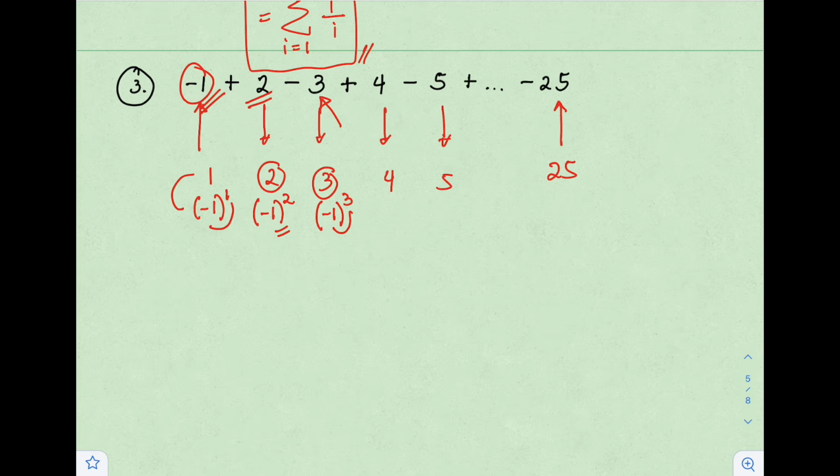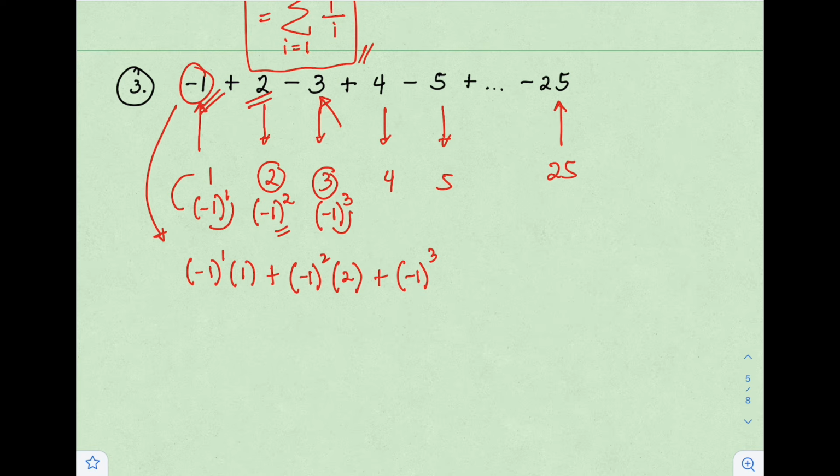Okay? So, kung nakikita nyo na yung pattern, guys, ibig sabihin, each term is nakamultiply by negative 1 raised to kung ano man yung number nila. Kunwari, sa una, we have negative 1 raised to 1 times 1. Tama? Sa pangalawa, we have negative 1 raised to 2 times 2. Okay? Sa pangatlo, we have negative 1 cube times 3.